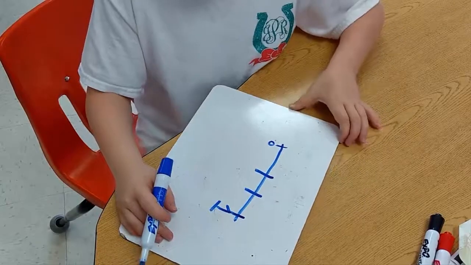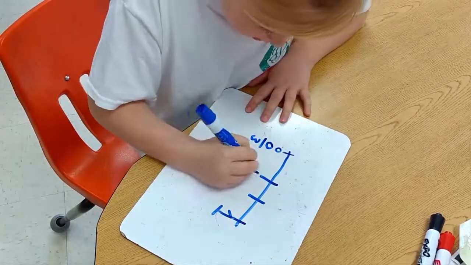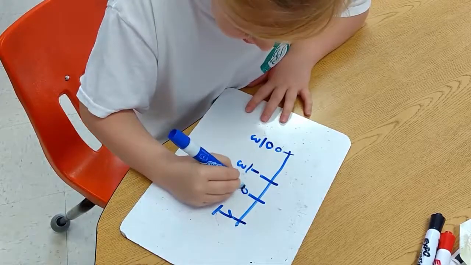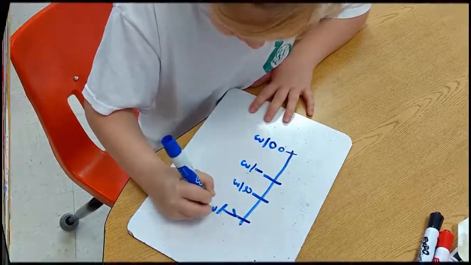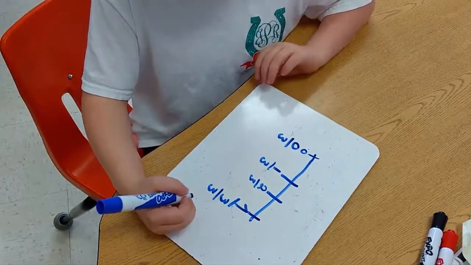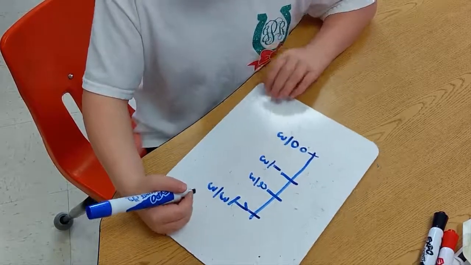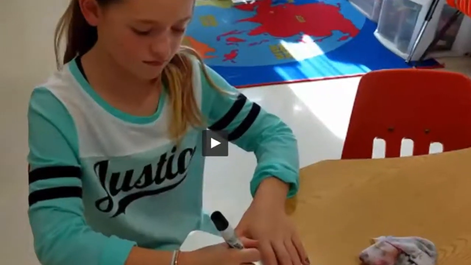Okay, can you label each fraction? 0 thirds, 1 third, 2 thirds, 3 thirds. What fraction is equivalent to one whole on your number line? 3 thirds.